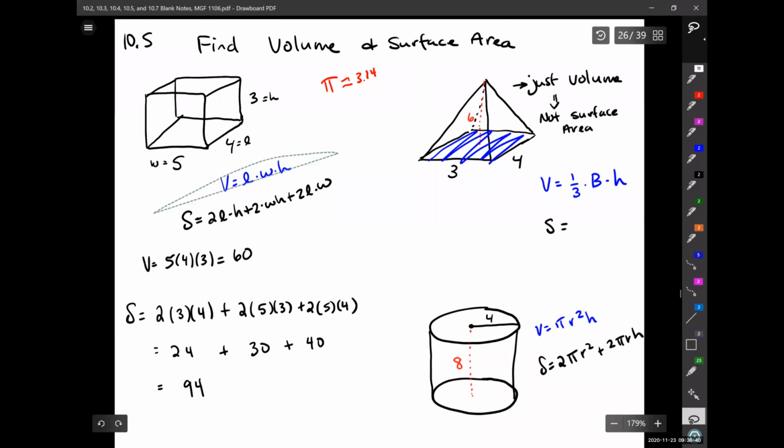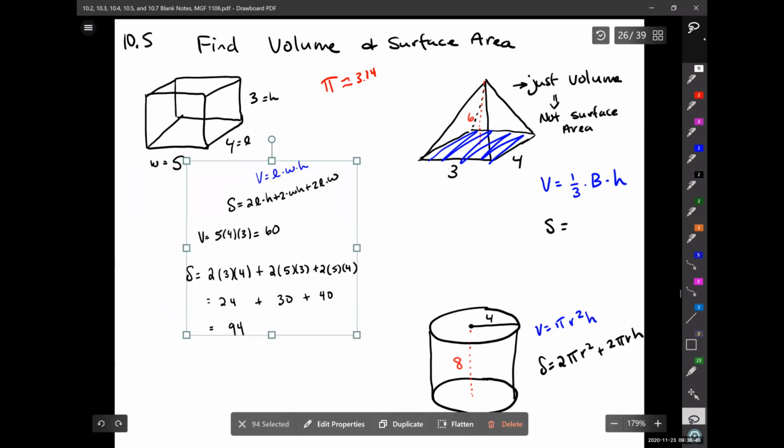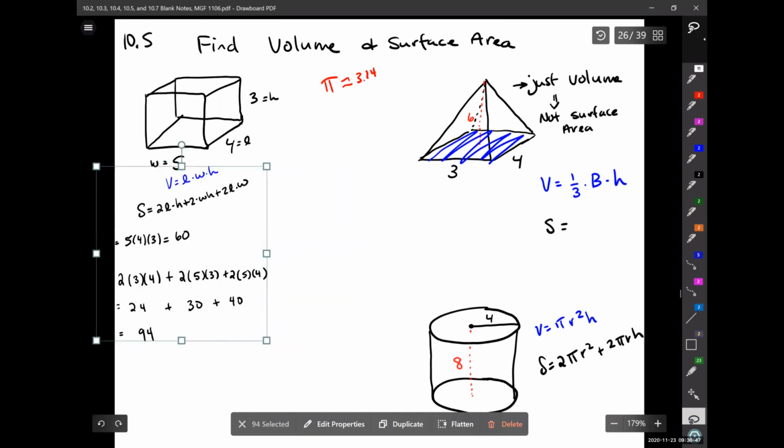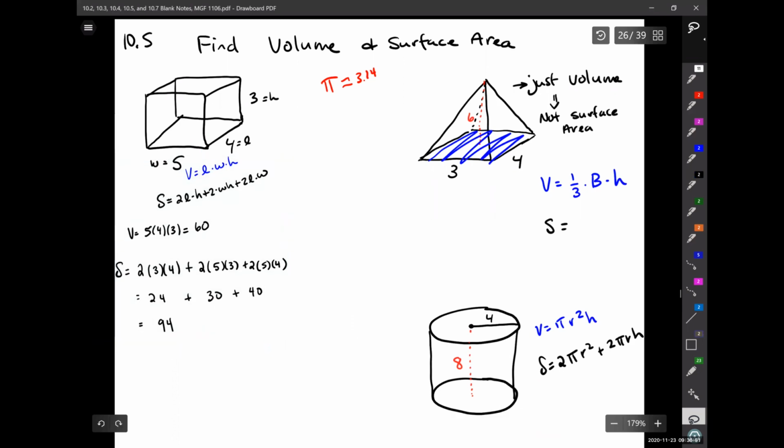Let's then turn our attention to the pyramid. Now the pyramid is always, the formula is not exact. You do have to think about it in context because it's always related to the area of the base, which is what this capital B represents. So that's something you have to separately calculate. And then we see the height of the pyramid is 6.